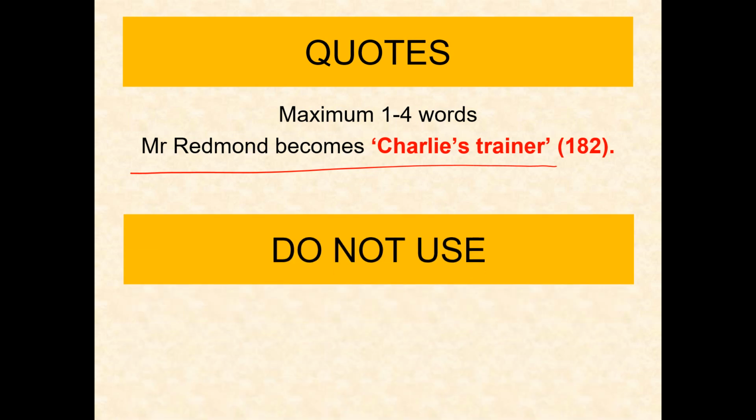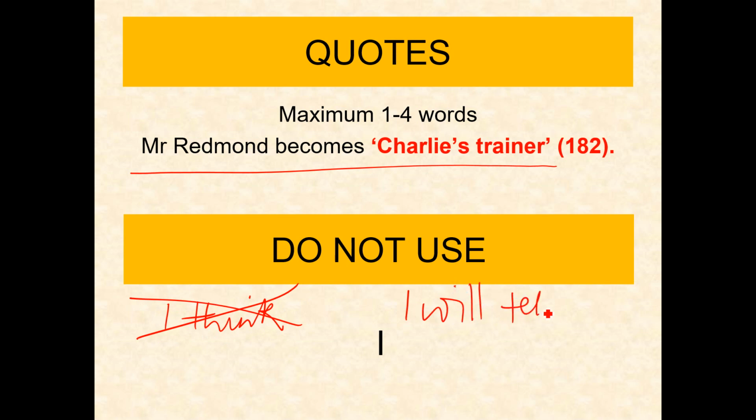But there is one word you're not allowed to use, and that is I. Don't say I am going to tell you, I think this, or I will tell you. You're not allowed to say a quote is.